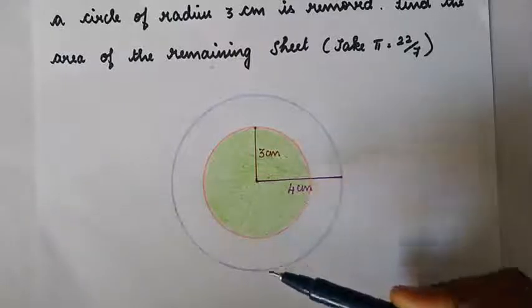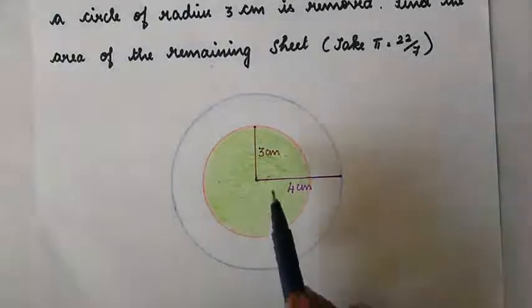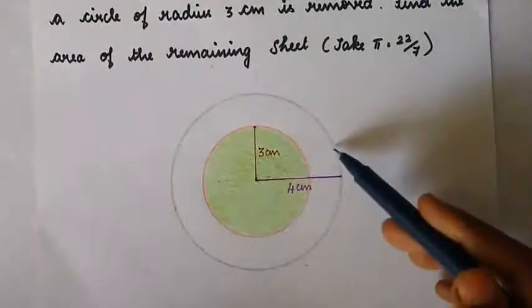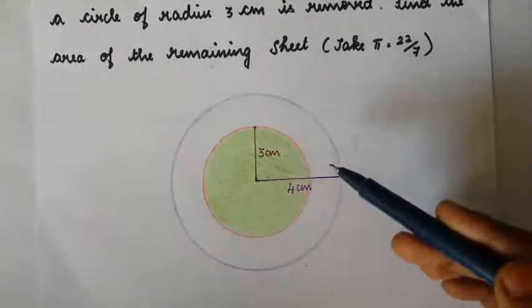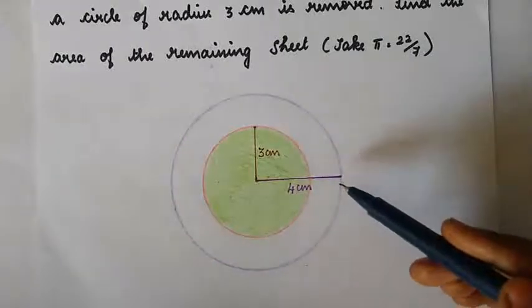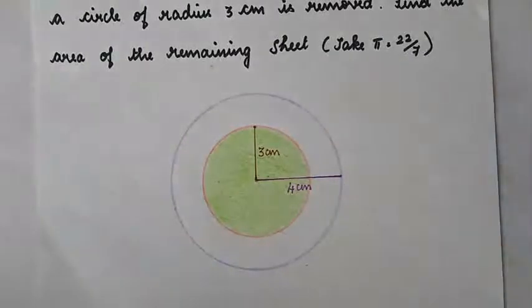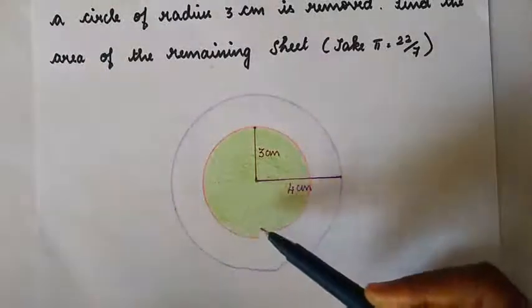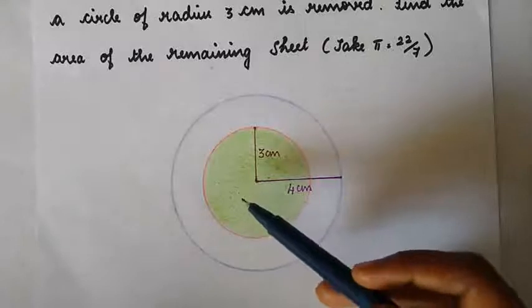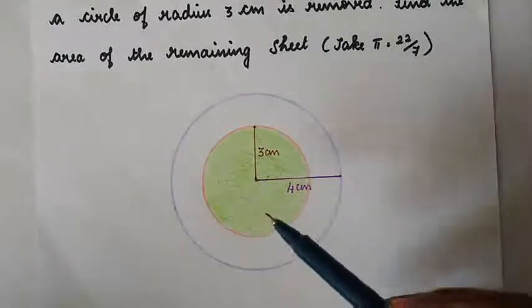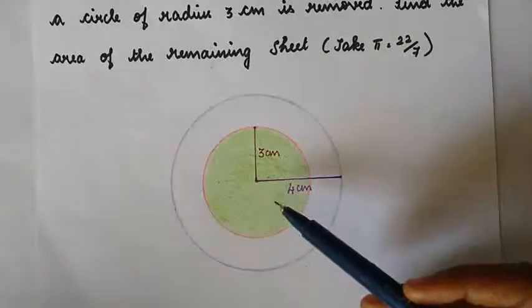So the circle of 3 cm would definitely be smaller than this one, because this is a circle of radius 4 cm, right? So this portion will be removed. Let us shade it like this. So the shaded portion will be removed.